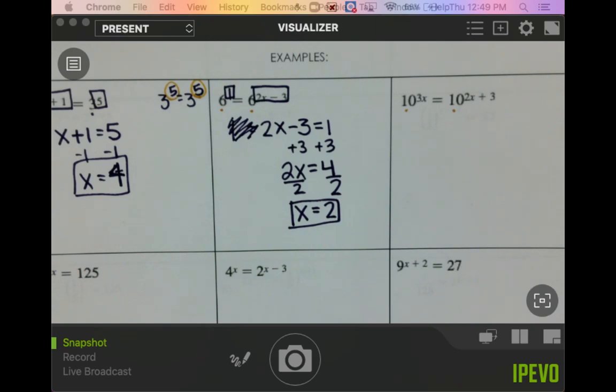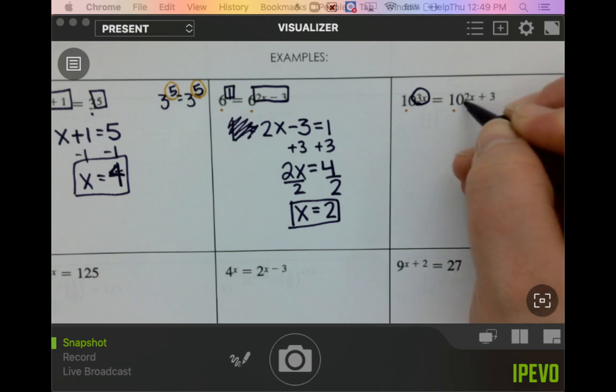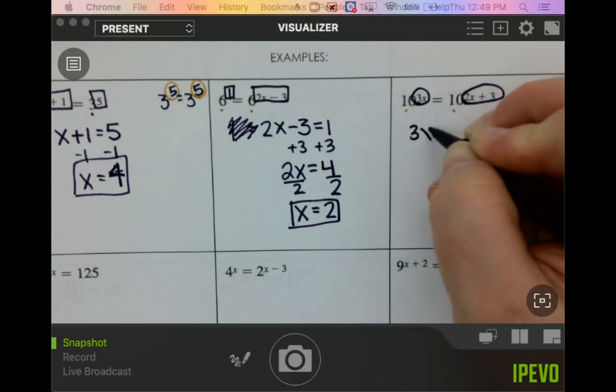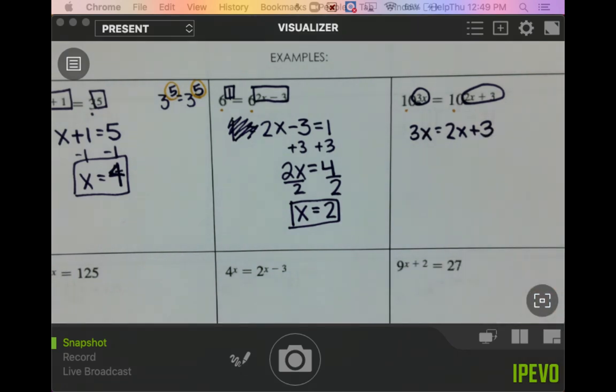Okay, and then I'm going to do one more that already has the same numbers. You're just setting the exponents equal and then solving. On this one, it's 3x equals 2x plus 3. And then you're going to solve this equation. The main thing you have to do to start is get over the fact that they look scary.